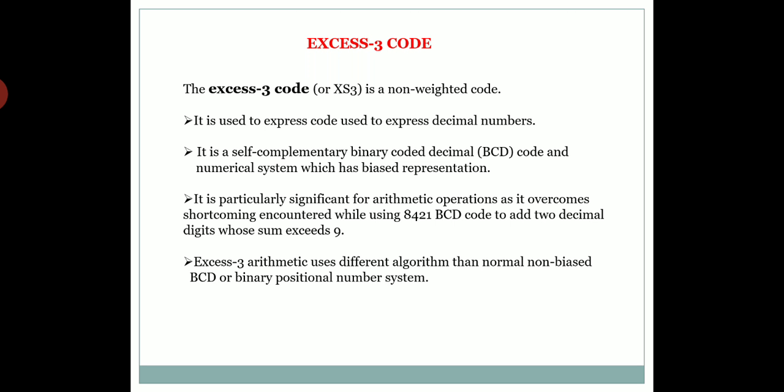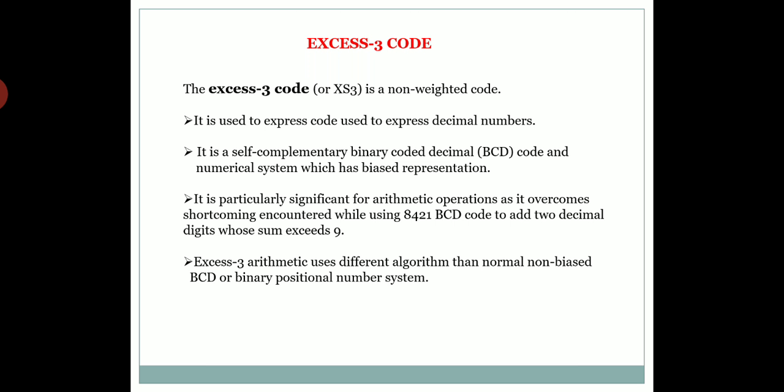It is particularly significant for arithmetic operations, as it overcomes the shortcoming encountered while using 8421 BCD code to add two decimal digits whose sum exceeds 9. These are used for arithmetic operations, which is a shortcoming in 8421 BCD code. That means in XS3 code we are using arithmetic operations.